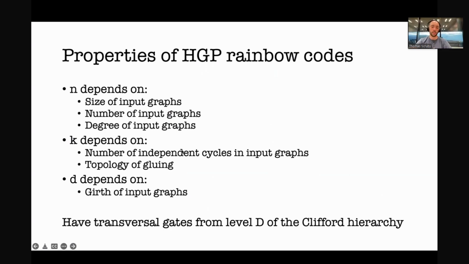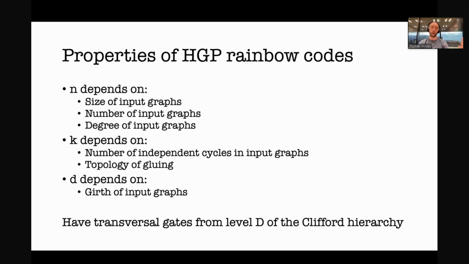And kind of the way to see why this number of independent cycles matters is because I'm starting with a bunch of all these disjoint color codes, and I'm going to glue them together. Some of the logicals from these original codes will survive this gluing, and some of them will get associated. So my number of logical qubits will go down.